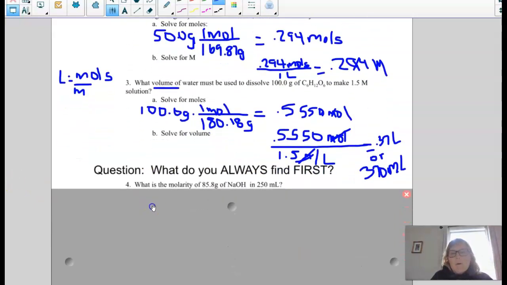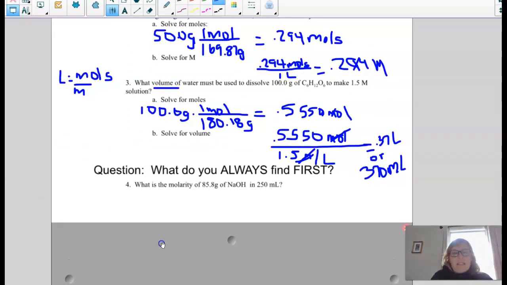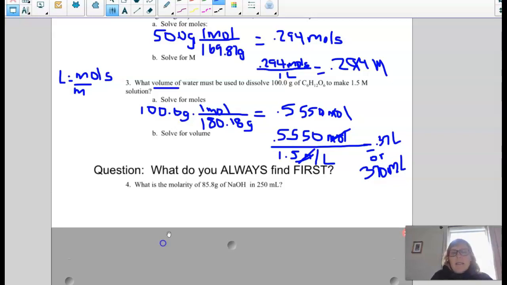So question, what do you always find first? In this problem, you're going to find moles first. We want to know what the molarity is. So I'm going to take 85.8 grams of sodium hydroxide, NaOH, and divide by the molar mass of sodium hydroxide.